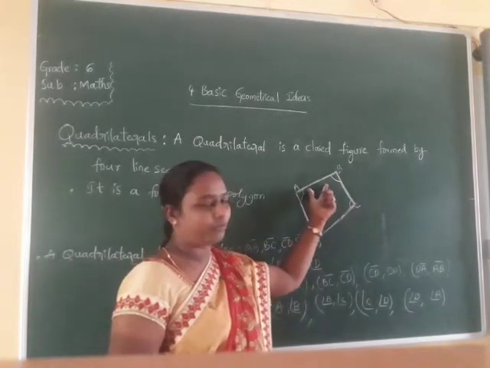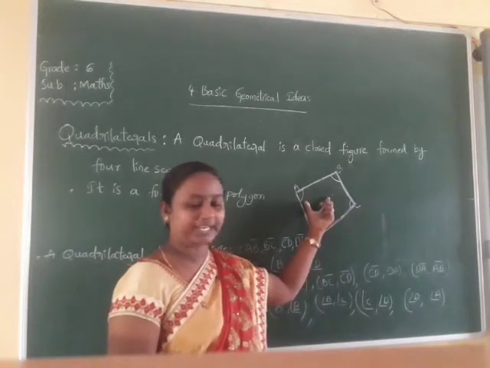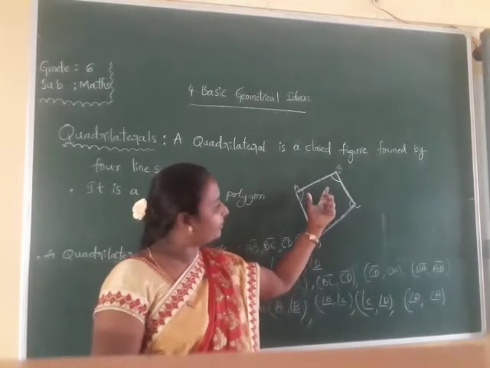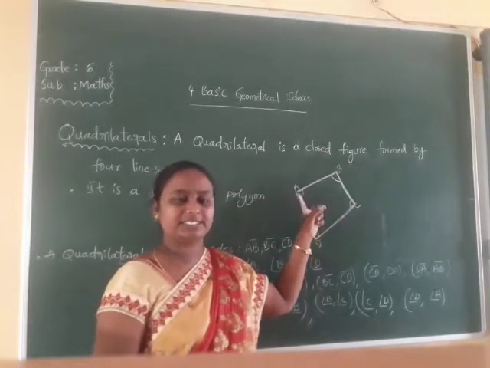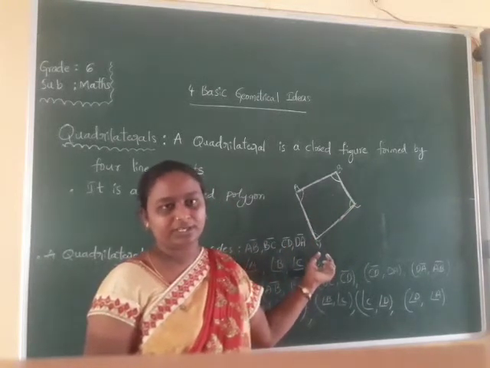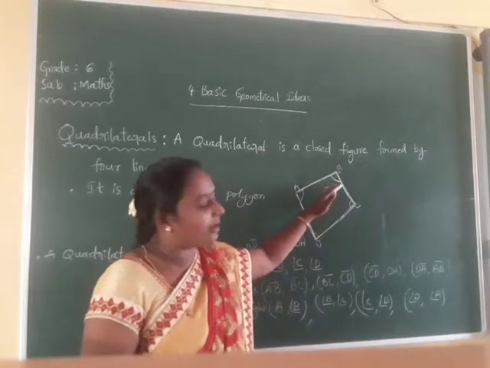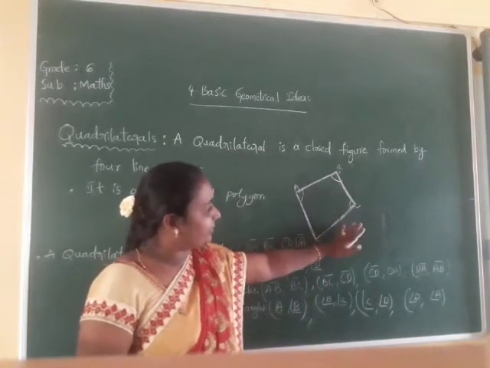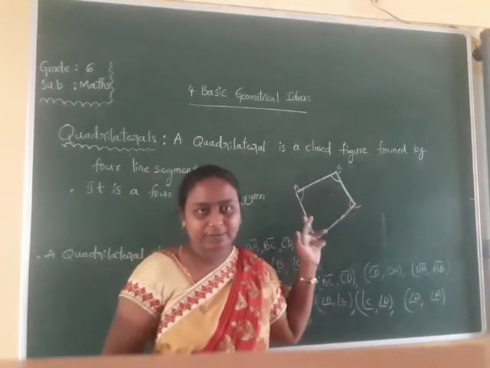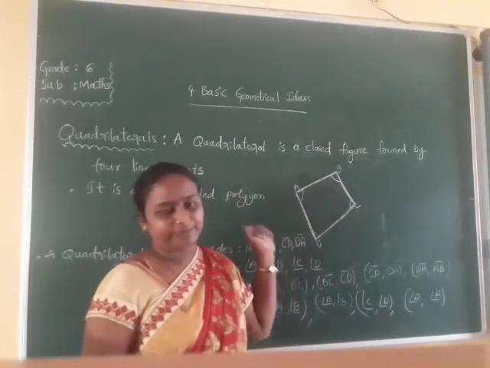Okay, it has four sides, four angles, and we have written the adjacent sides of this quadrilateral and adjacent angles also. Now we have to write what is the opposite side of AB.